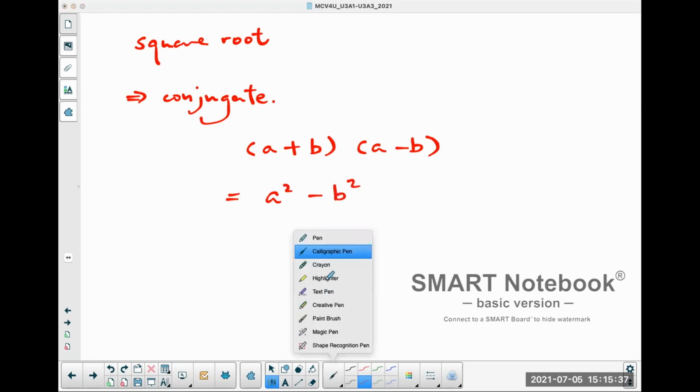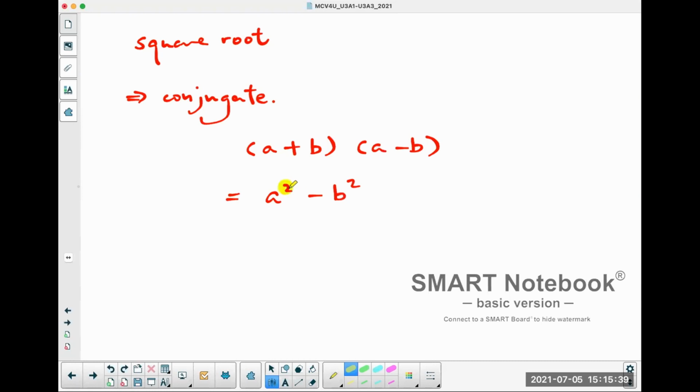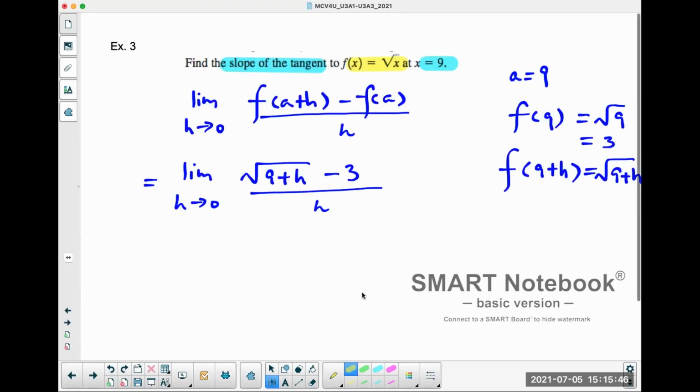What's special is the square, because whenever you square a square root, you cancel the square root. So what we have here is in the format of what we call a minus b. You see, something minus something else. So what you do is you multiply by the conjugate of that, which is a plus b. But you have to do both the numerator and the denominator.